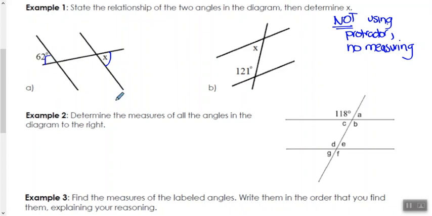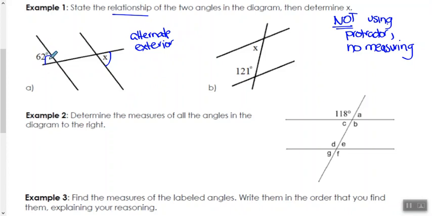Now here I have my parallel lines cut by a transversal. 62 and x, their relationship is: I have two exterior angles and they're on opposite sides of the transversal. So these are alternate exterior angles. And I know that alternate exterior angles are, if I look back in my rules, equal.